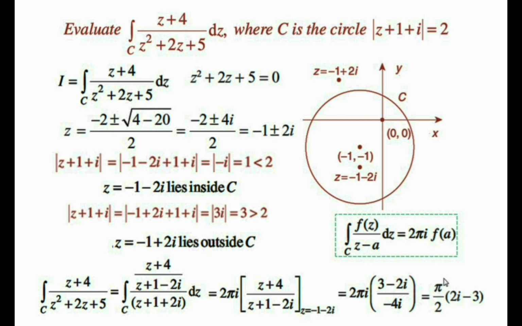So on simplification, i cancelled, and we have pi by 2 times (2i minus 3), which is the required result for the complex integration over the closed curve C by utilizing Cauchy's integral formula. This method is very important for all examinations.